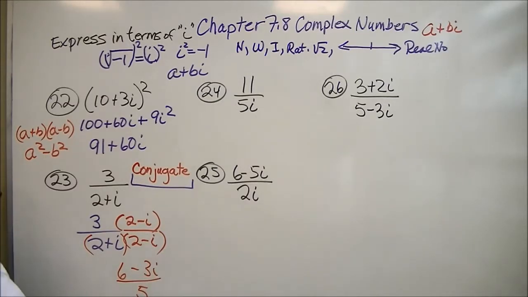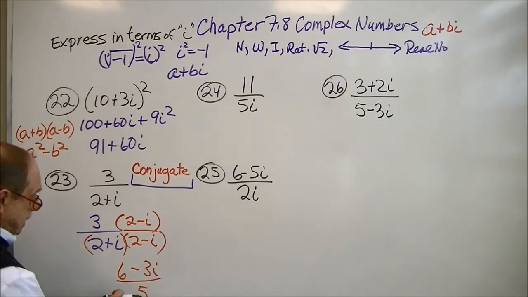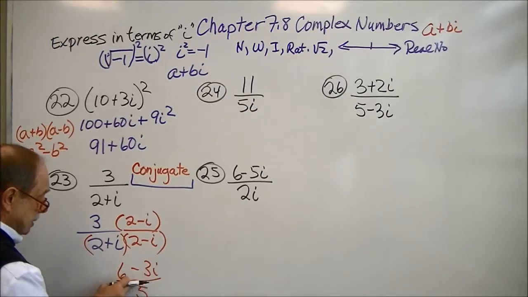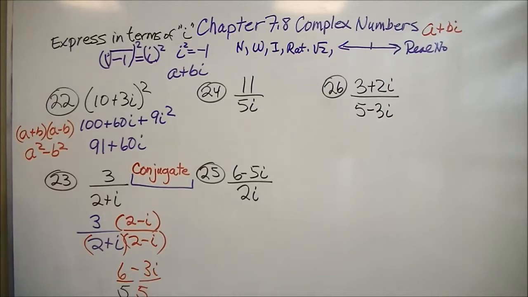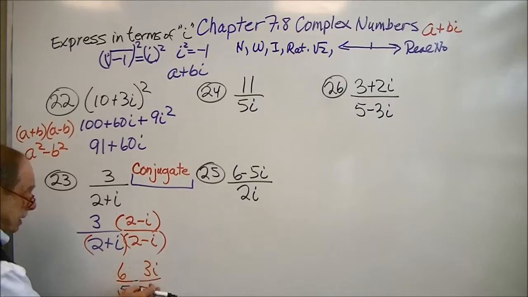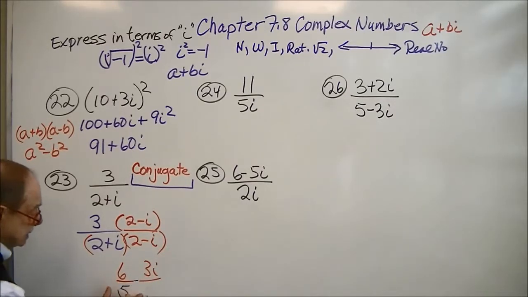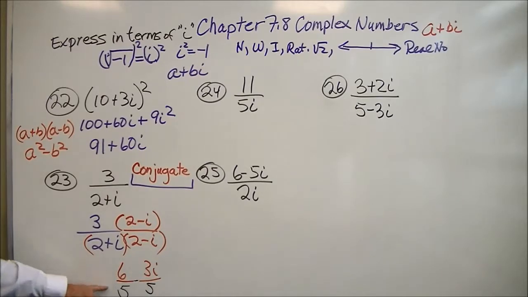The only thing you have to do is to write our denominator over each of the terms. So now the answer is, and you can put that negative sign right over there, 6/5 minus 3i fifths. Now that is in standard form. Okay?